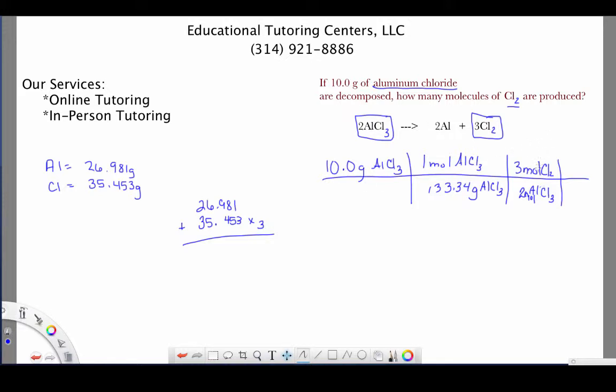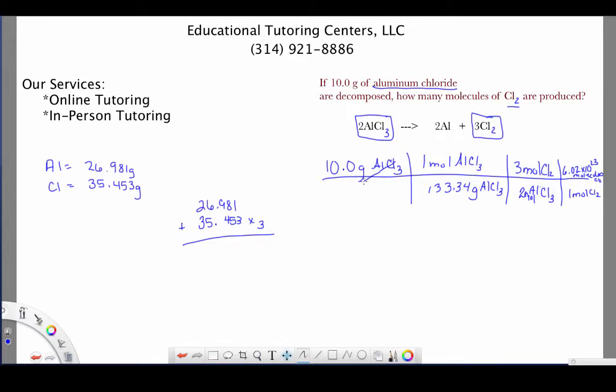So we'll go ahead and plug that in, which is 6.02 times 10 to the 23rd, and this would be molecules of Cl2, and this is per 1 mole of Cl2. Okay, so let's go ahead and do some canceling.